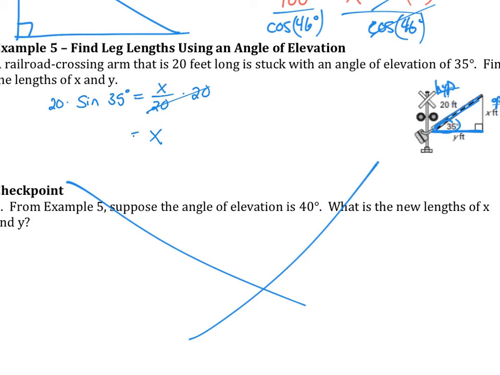So x equals 20 times the sine of 35 degrees. So take your calculator and do 20 times sine of 35. And we get x equals, looks like about 11.5.